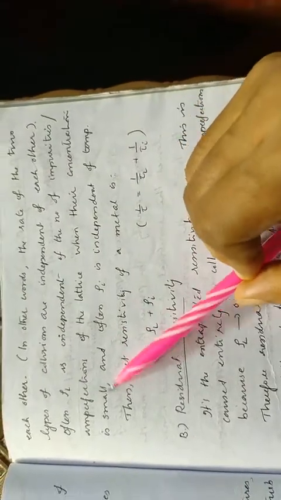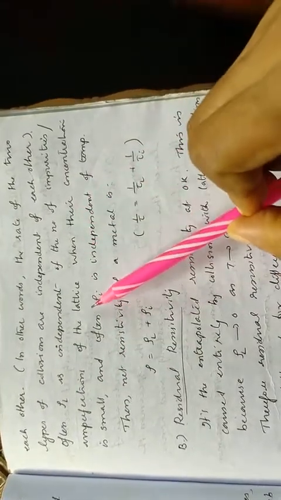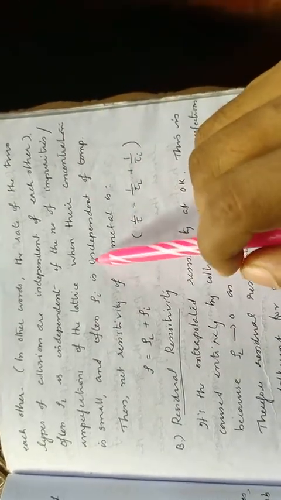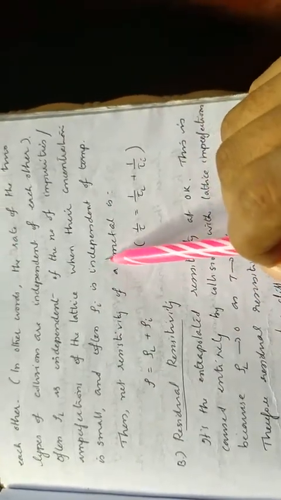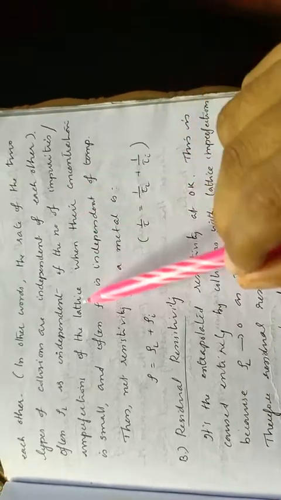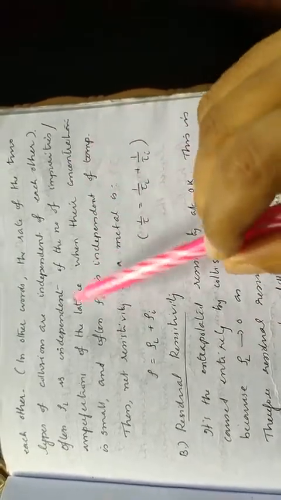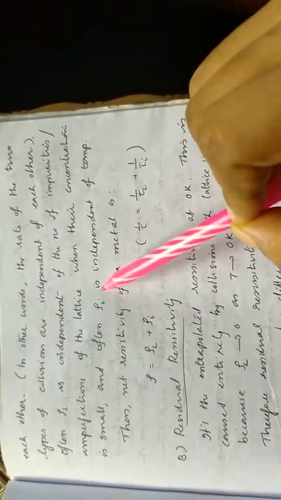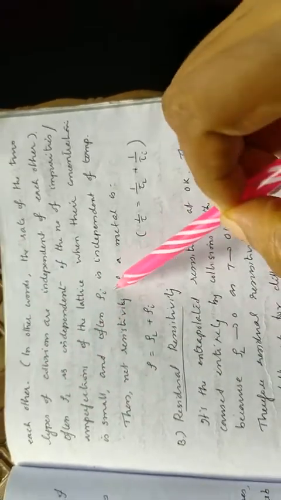That is, rho L is the resistivity due to interaction with phonons, which is independent of impurities. It is quite obvious. Also, rho I depends only on impurities and not on temperature. So rho I is independent of temperature. Both these quantities do not depend on each other. That's what the rule says.